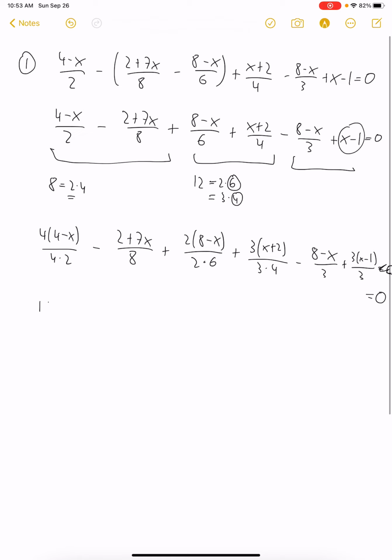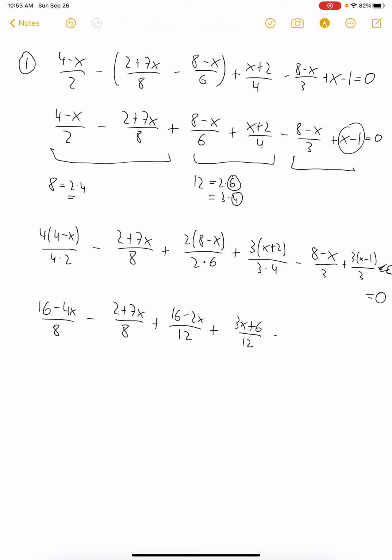So we have 16 minus 4x over 8 minus 2 plus 7x over 8 plus 16 minus 2x over 12 plus 3x plus 6 over 12 minus 8 minus x over 3 plus 3x minus 3 over 3, and this is equal to 0.